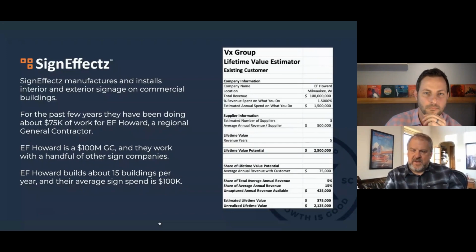And then, now you've got an estimated lifetime value of, something doesn't seem quite right there. What did I do wrong? My math's a little off there. But I think at the end of the day, yes, our unrealized lifetime revenue comes in at $2.1 million.